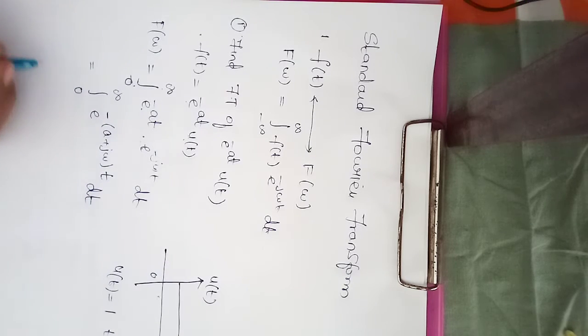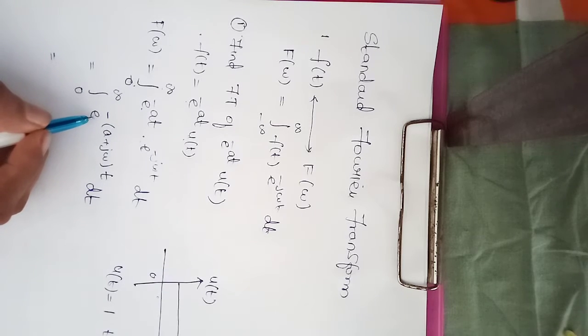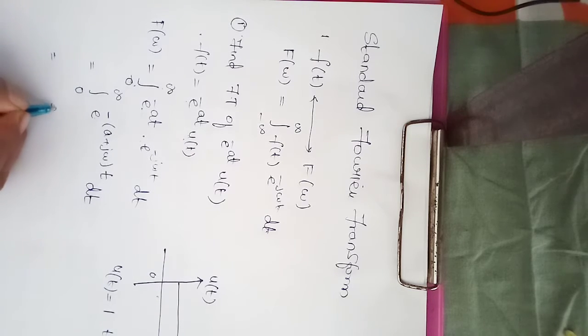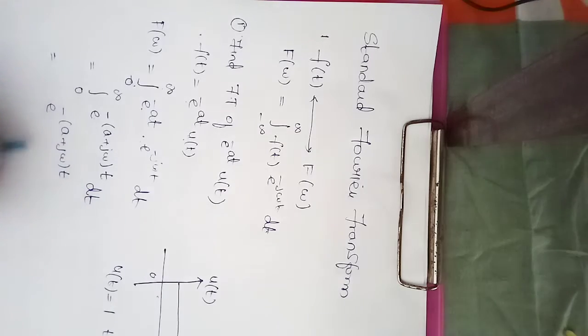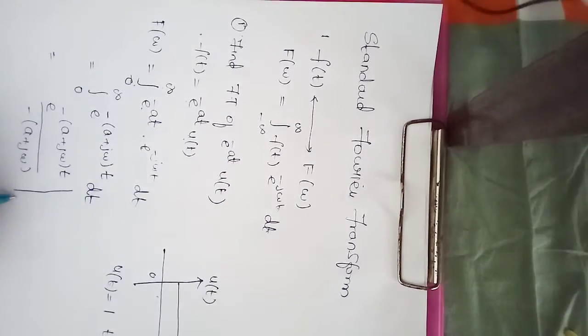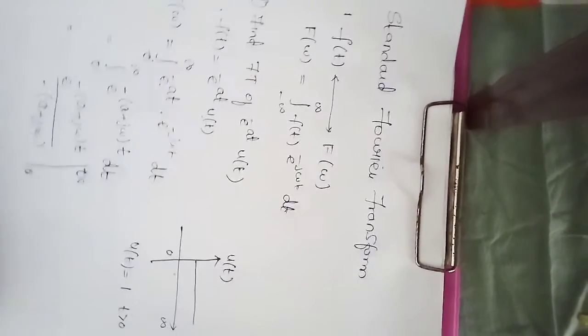Now the integration of any function e power minus x is e power minus x by minus 1. So I can write this as e power minus (a plus j omega) t divided by minus (a plus j omega), over the limits 0 to infinity.